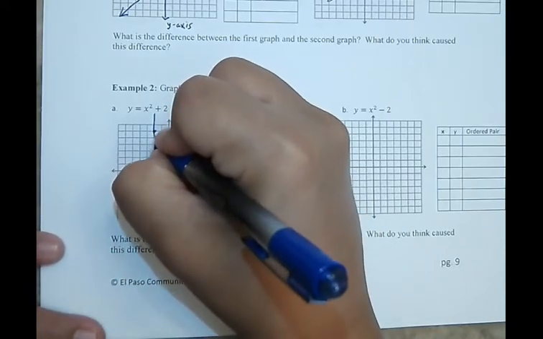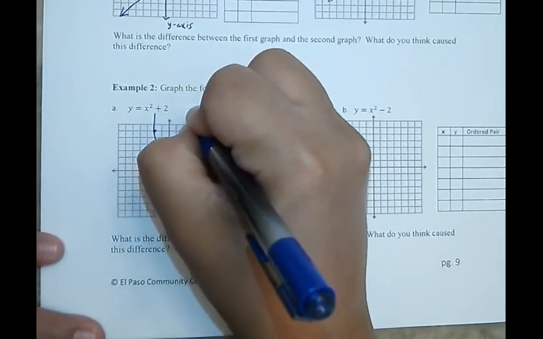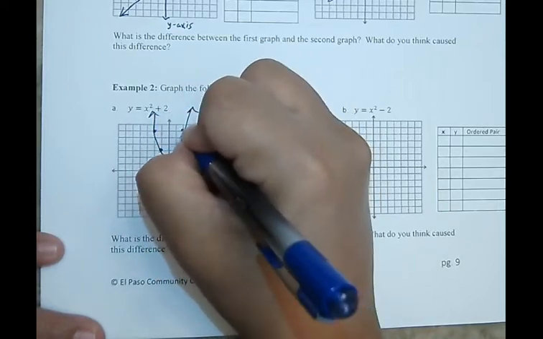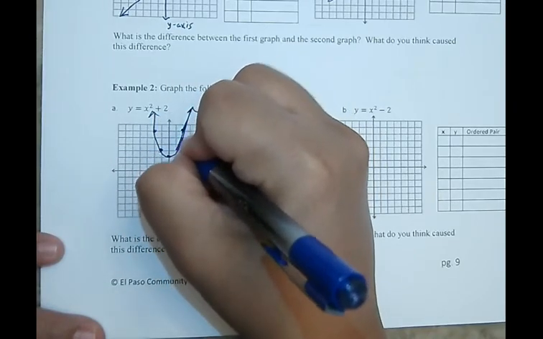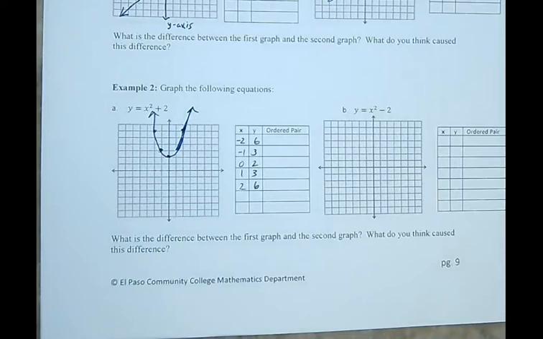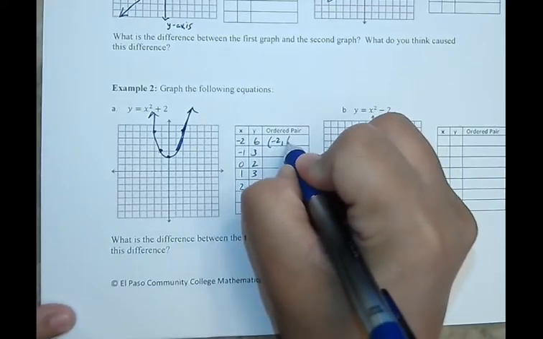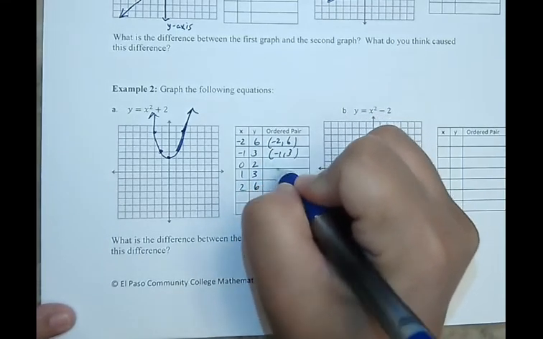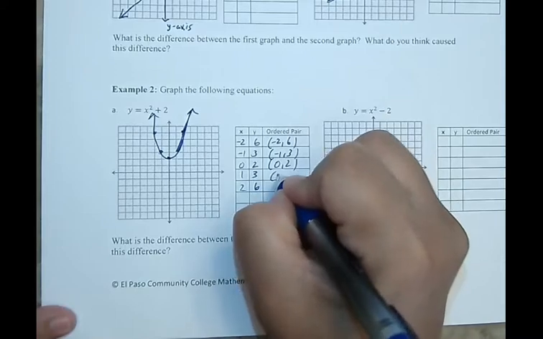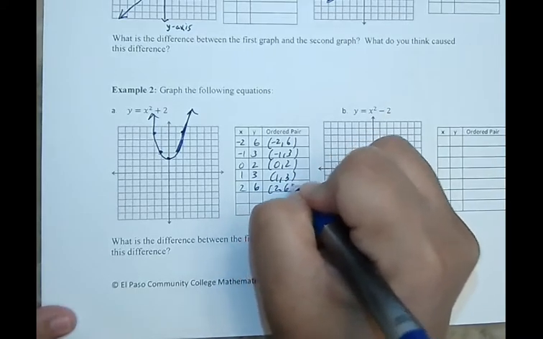Connect our points. Okay, so we can see that our graph is a parabola. My ordered pairs here were -2, 6, -1, 3, 0, 2, 1, 3, and 2, 6.